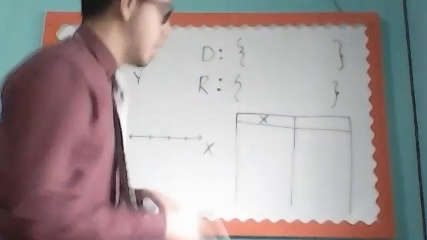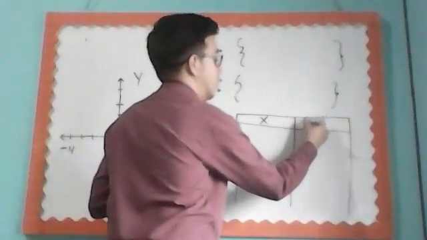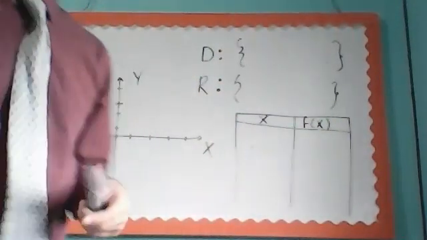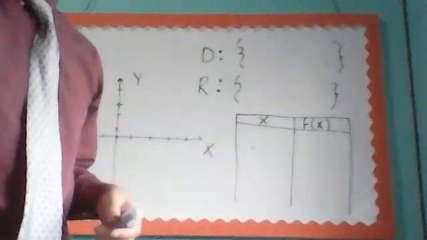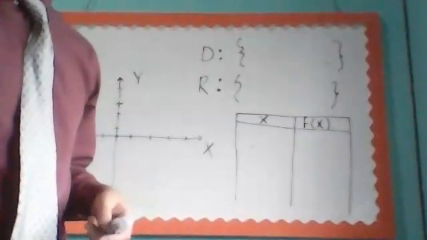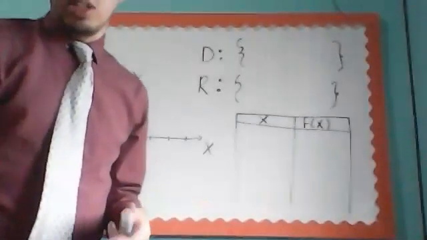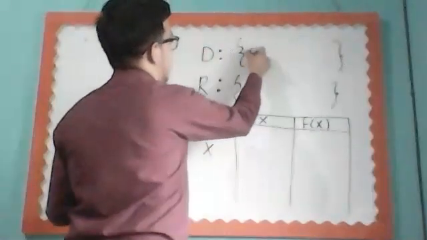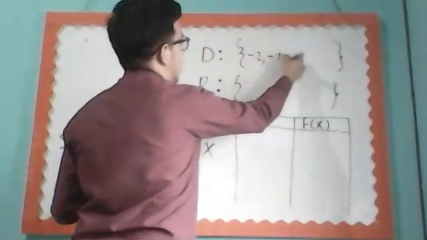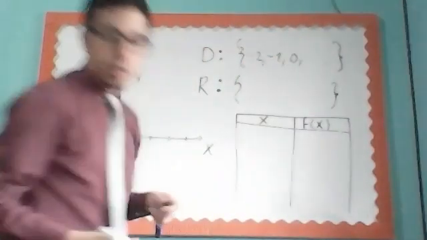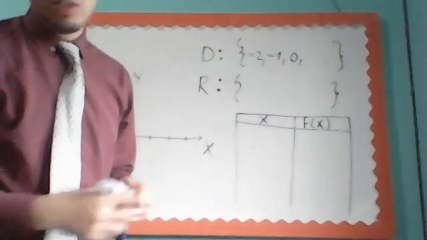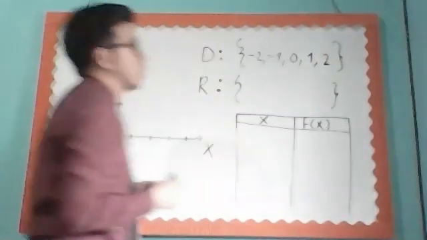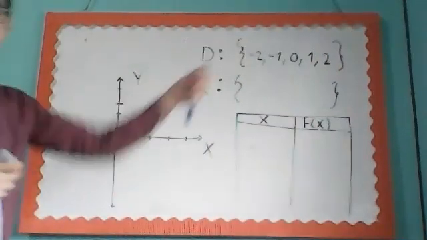It's going to be the same at the end, but it's a way that you see this ordinate in order. The domain is -2, -1, 0, 1, and 2.